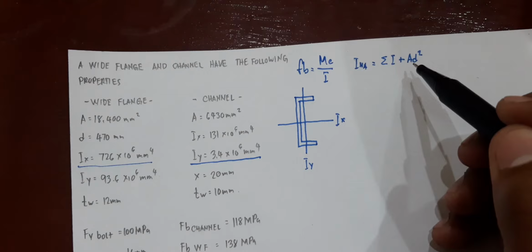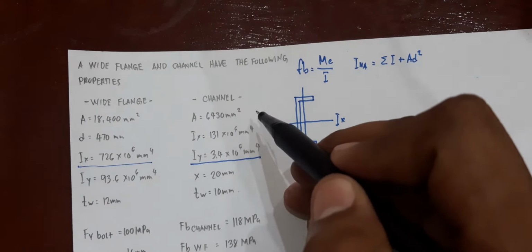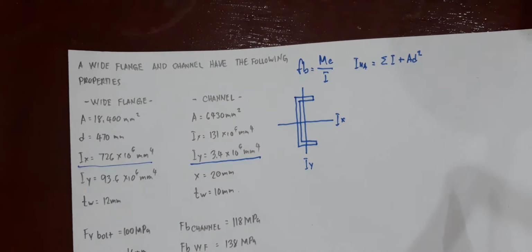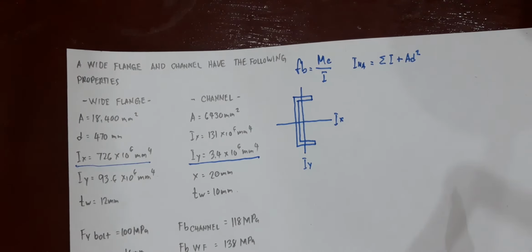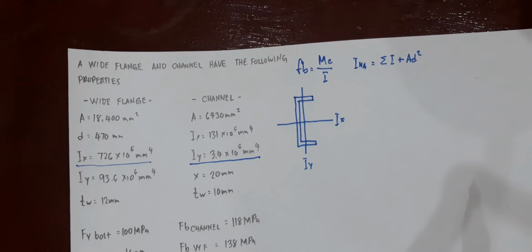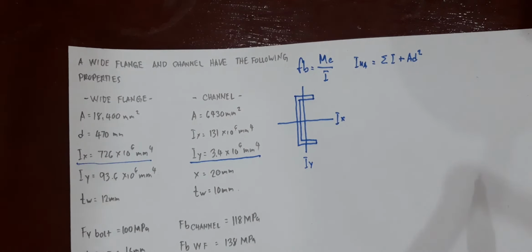Next, A here is not a problem. Basically, you're given here A of wide flange, A for channel. So next is D. Again, D is defined as the distance between the centroid of the individual geometry or cross-section of your components with respect to your neutral axis.